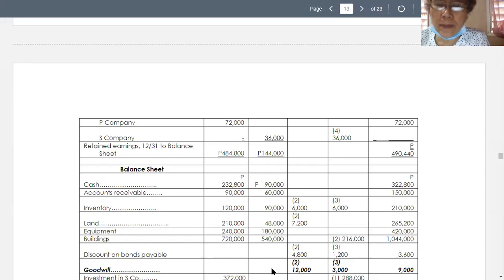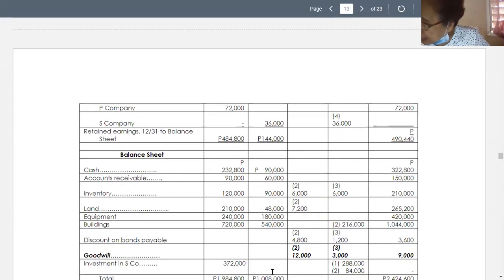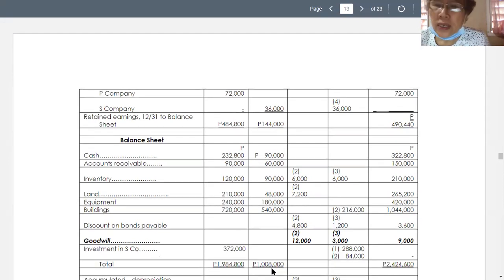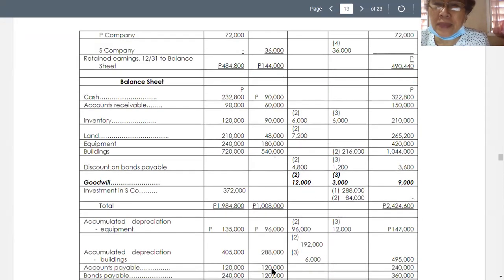Okay? So the equipment total, and then we have your building with a corresponding adjustment for 216,000 a credit. So the consolidated balance is 1,044,000 for your buildings. Discount on bonds payable is only 3,600 because of the amortization already recorded for the year 20X4.